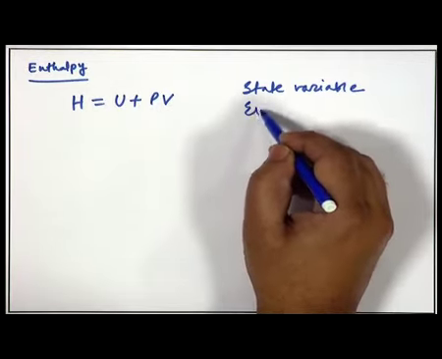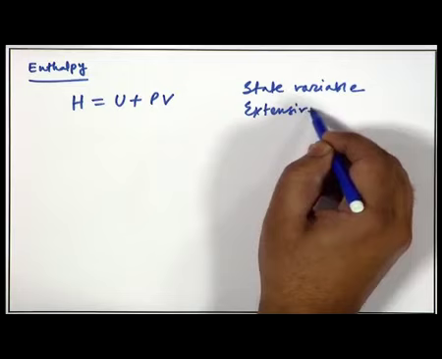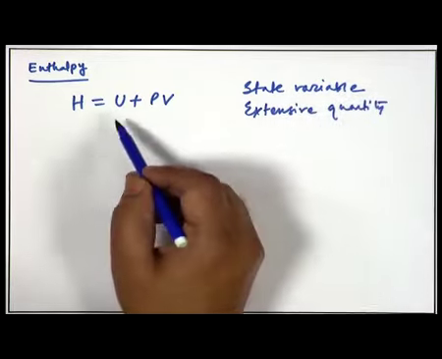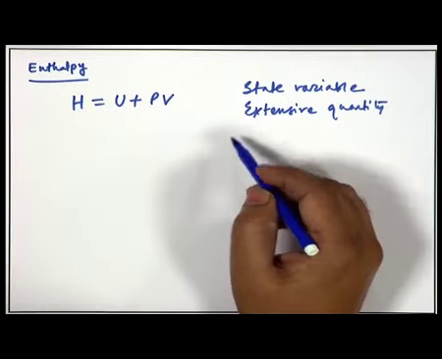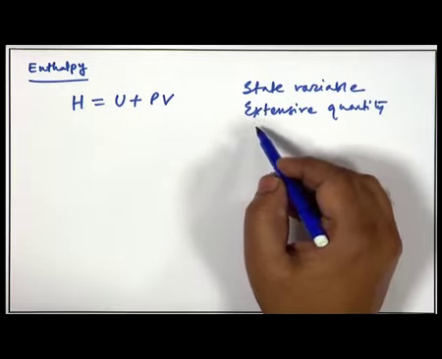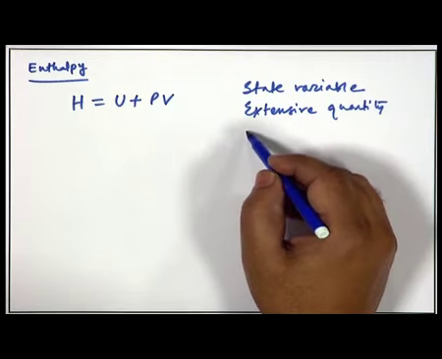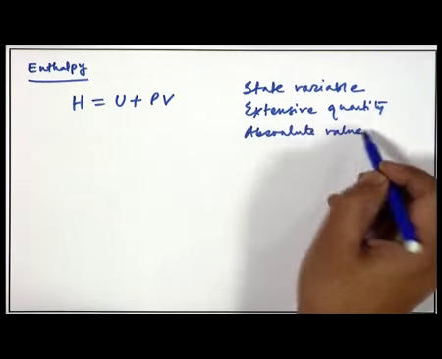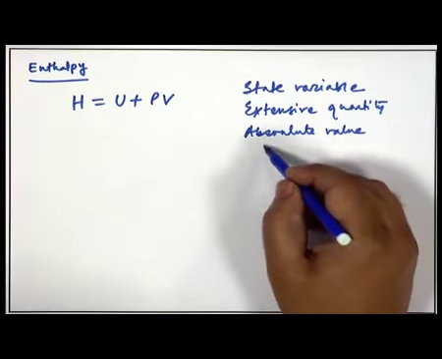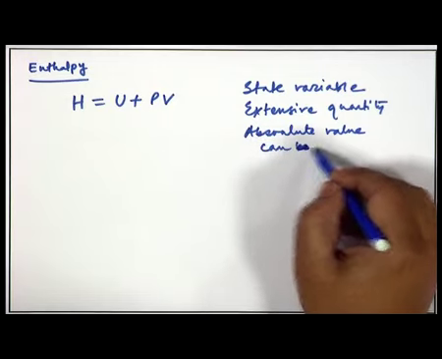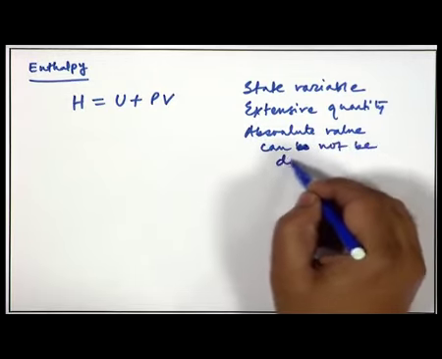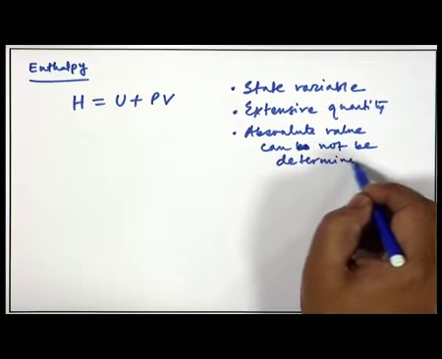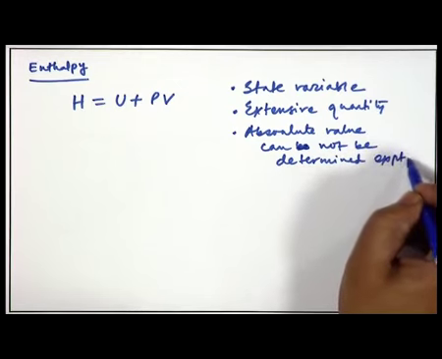So, H would also be an extensive quantity, and as the absolute value of U cannot be experimentally determined, the absolute value of H also cannot be determined experimentally.